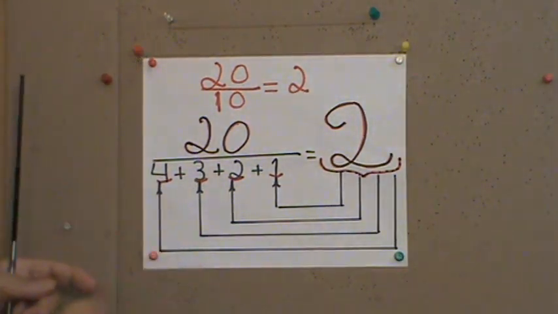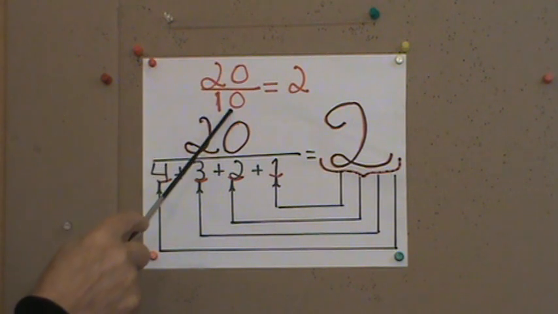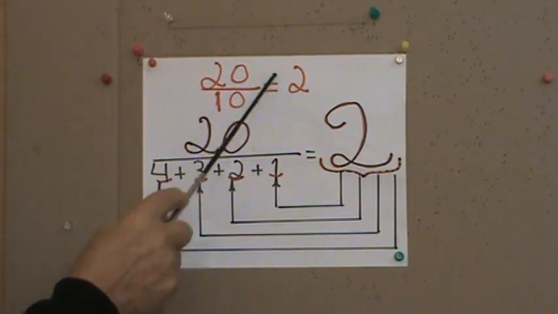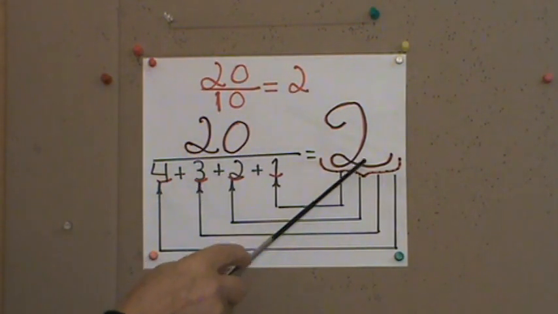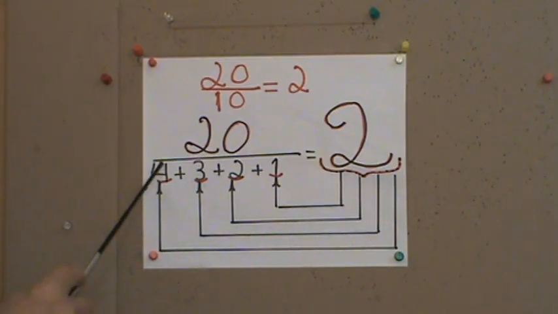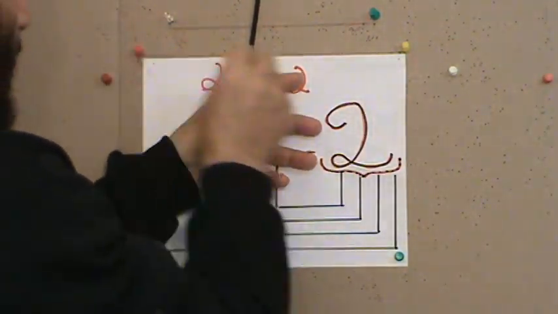Then 20 divided by the sum of the ratios given to us ends up as 2. Now 2 is multiplied by each of them. You see the arrow, 2 times 4 plus 2 times 3 plus 2 times 2 plus 2 times 1. That gives the answer to the problem that was given to us.